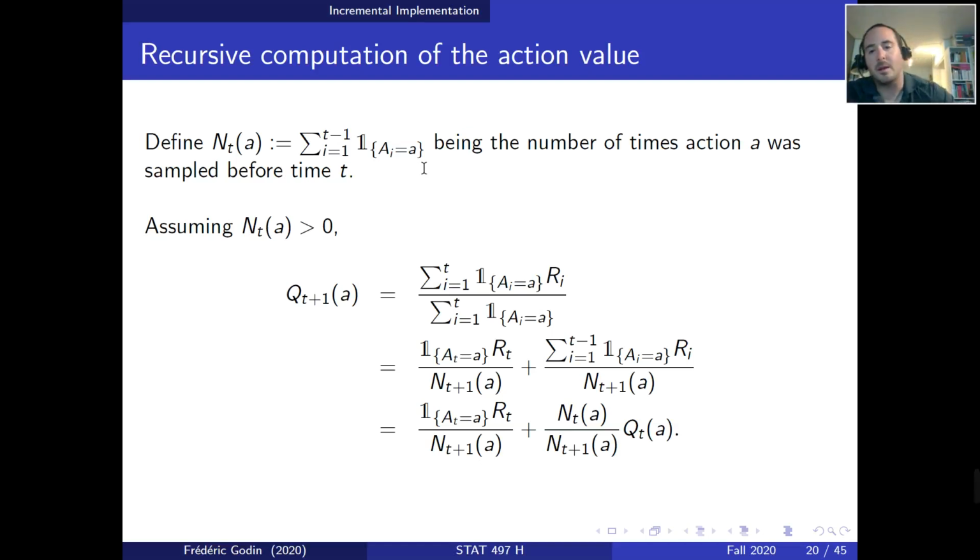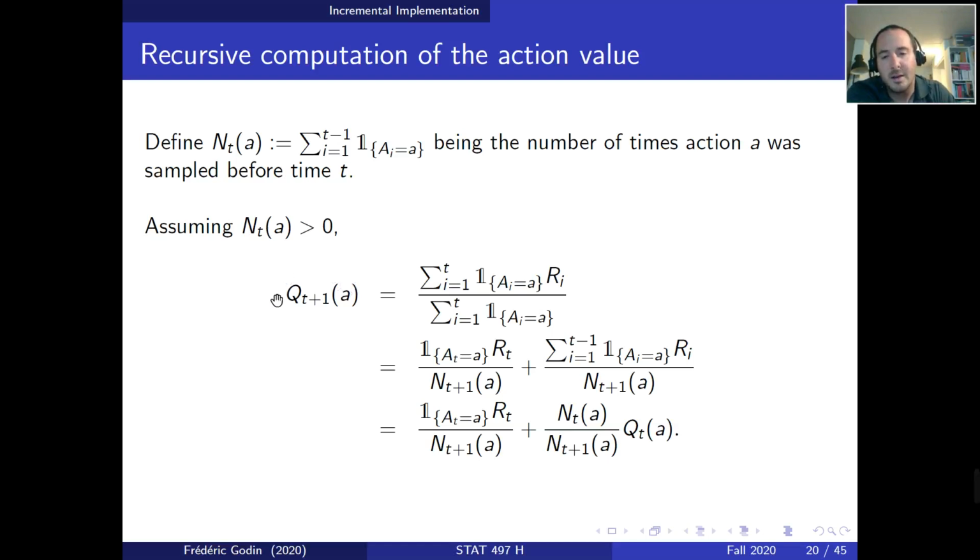Here, we're going to assume that action a was sampled at least once by time t minus 1. If this is the case, then we can obtain a recursive formulation of the estimated expected value for action a, the expected value of the reward for action a.